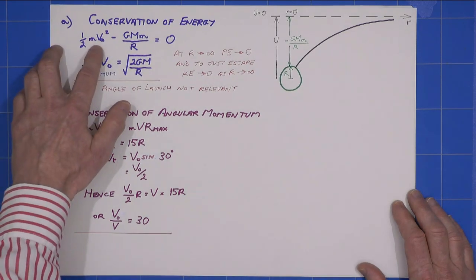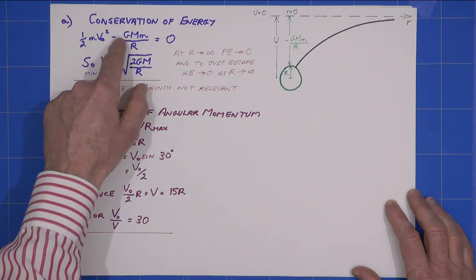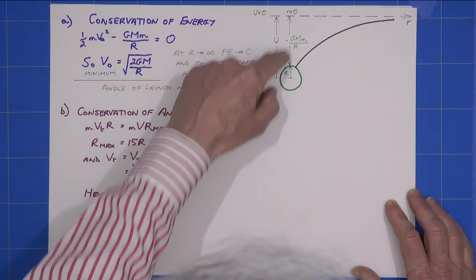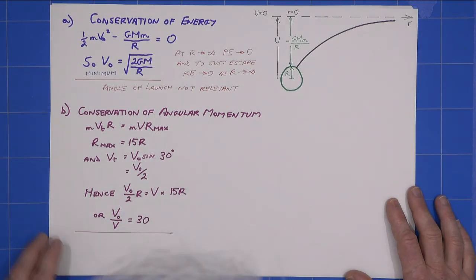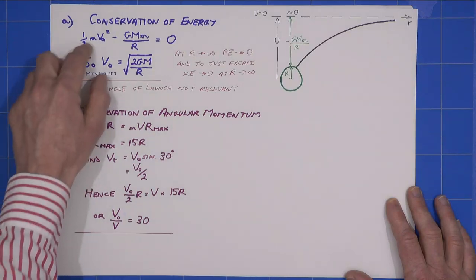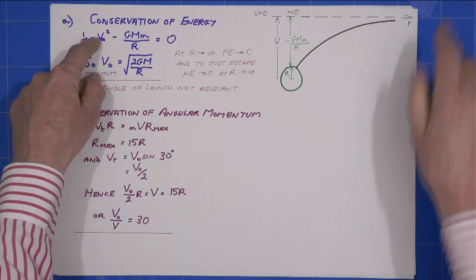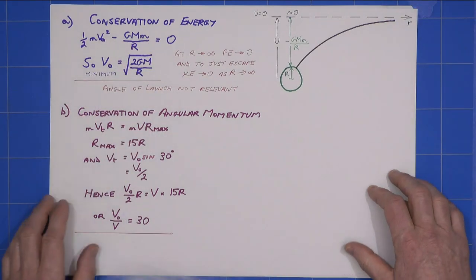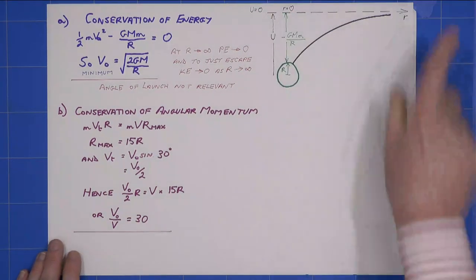Our kinetic energy is a half m v0 squared. As I've said, our initial potential energy is minus GMm over r. Remember, it's minus. At infinity, we don't want any spare energy for a minimum velocity, so we will have used up all of that. That will be zero at infinity, as will our gravitational energy, because we define it as zero out at infinity.